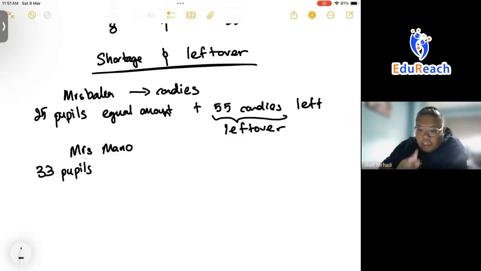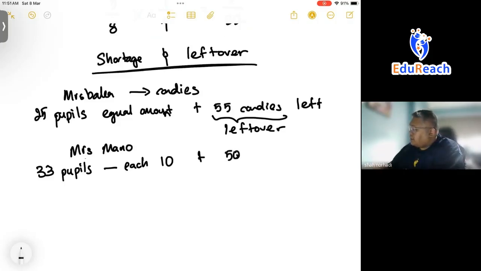Then she gave each of the pupils 10 candies. So we know that each gets 10. And then she still has 50 candies left. That means this is another leftover.